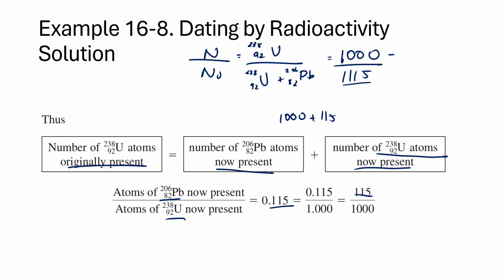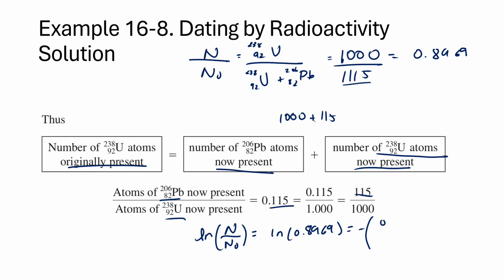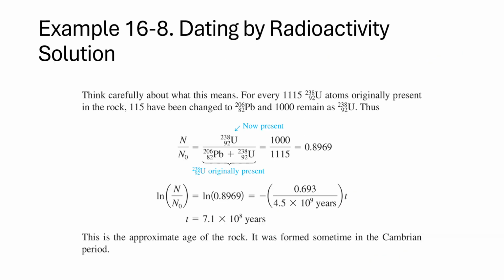And it becomes 0.8969. So ln n over n naught is ln 0.8969, equal to negative 0.693 over 4.5 times 10 raised to 9 times t. And so t is equal to 7.1 times 10 raised to 8 years. So this is the approximate age of the rock, and it was formed sometime in the Cambrian period.